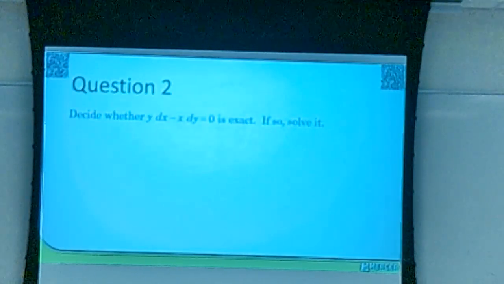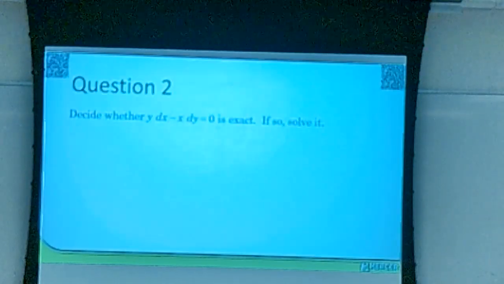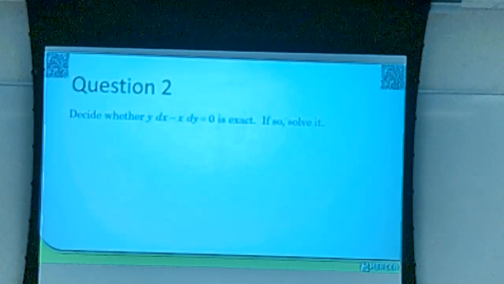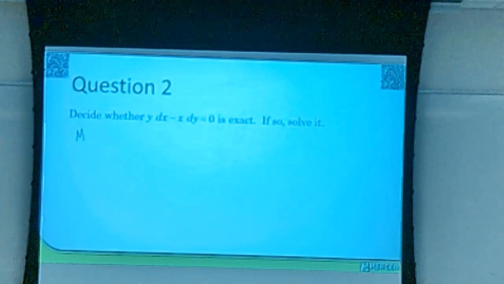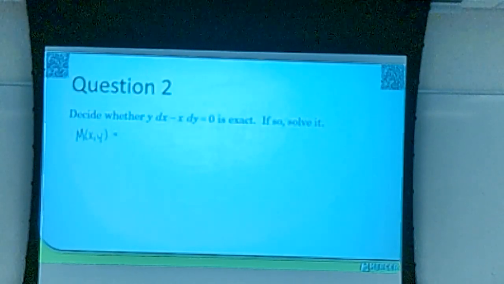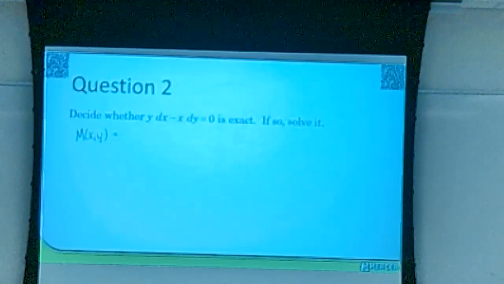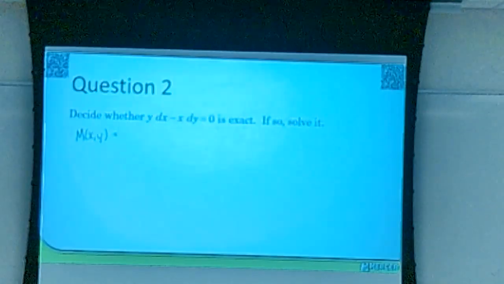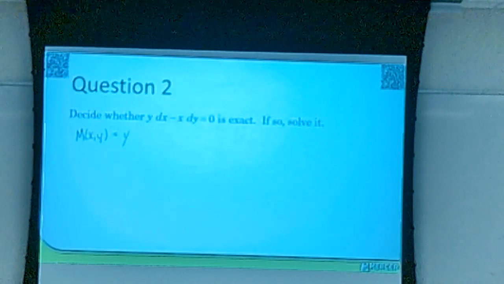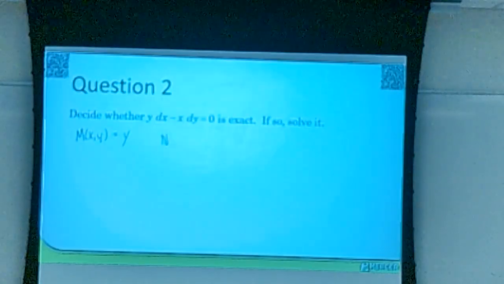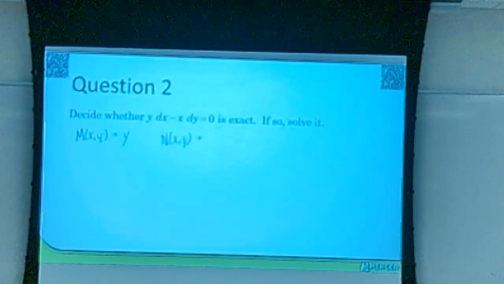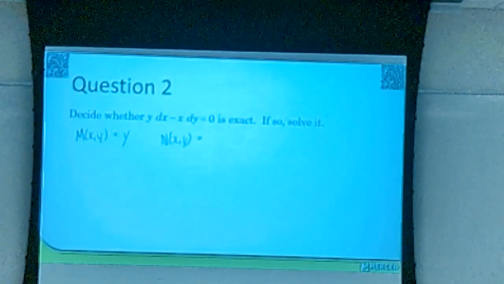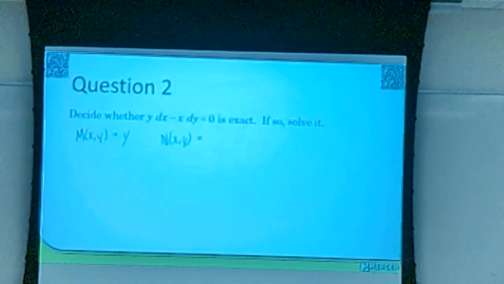Maybe I'll do this one last one, and I won't write out M and N. Identify N. Just y. You don't need the differential in with it. Identify N, negative x.